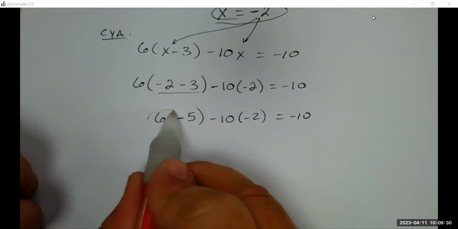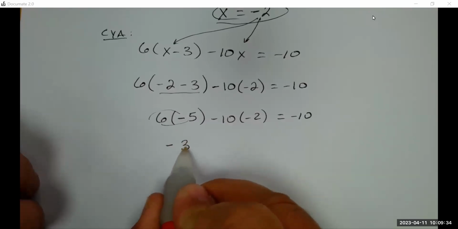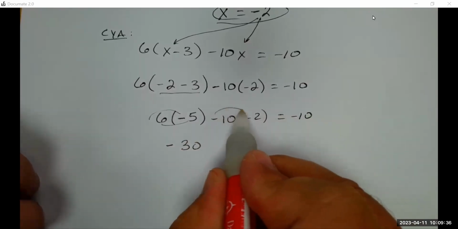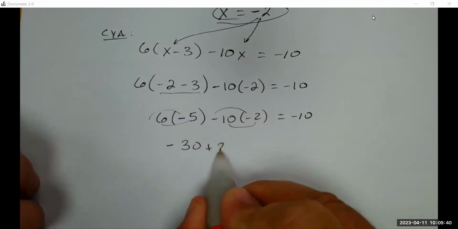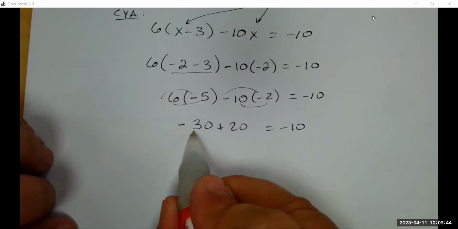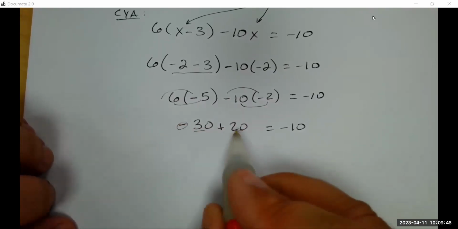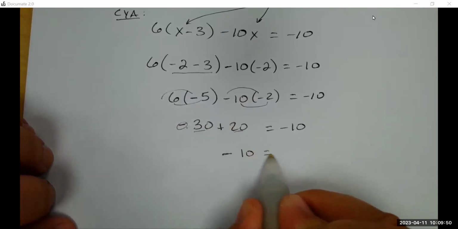Now multiply. Positive times negative is negative. 6 times 5 is 30. Negative times negative is positive. 10 times 2 is 20. 30 is bigger than 20 and it's negative, so the answer is negative. 30 minus 20 is 10.